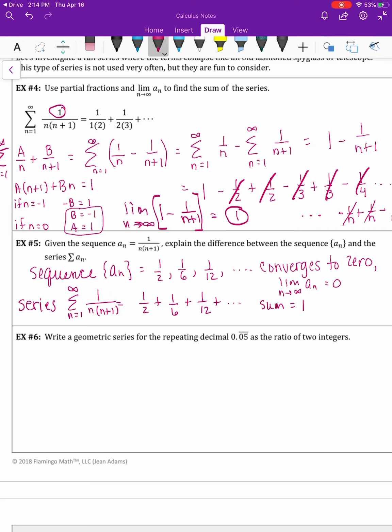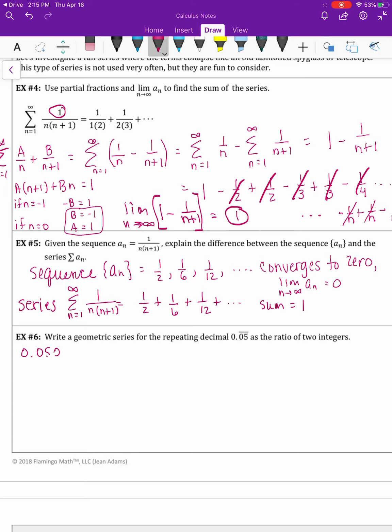So for this one, that's the difference between this sequence and this series. We just showed you how that sum was going to give you 1. We split it up using your partial fractions and saw that that was going to sum to that, and we took the limit as n goes to infinity, and we got that sum to be 1.